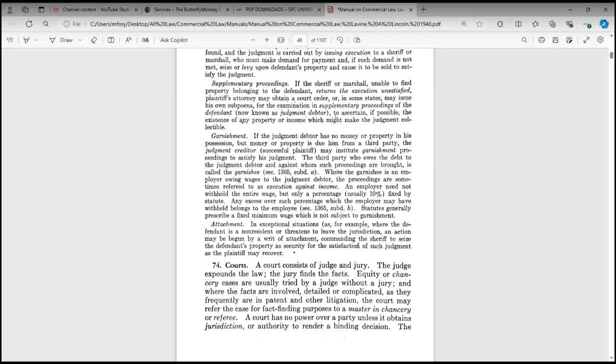So this is a search for everything, all his other property. That's what this is. Supplementary proceedings is a search for that defendant's other property.